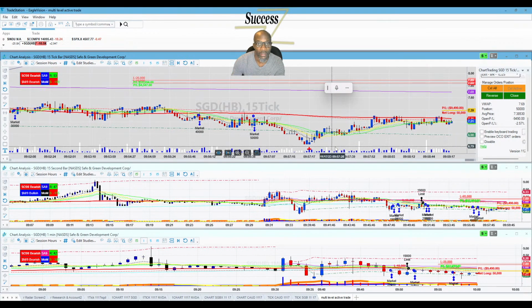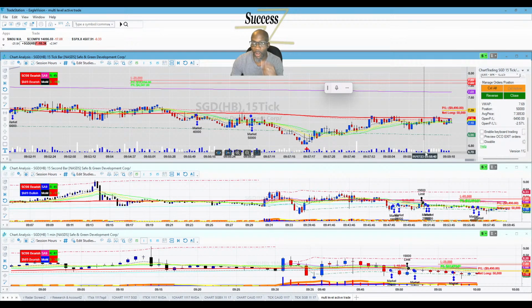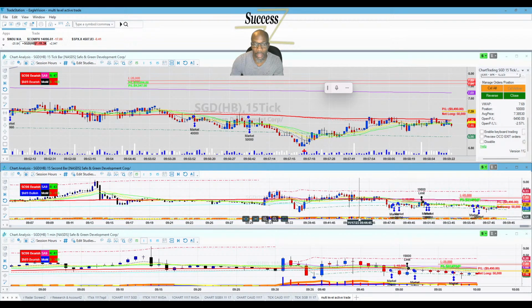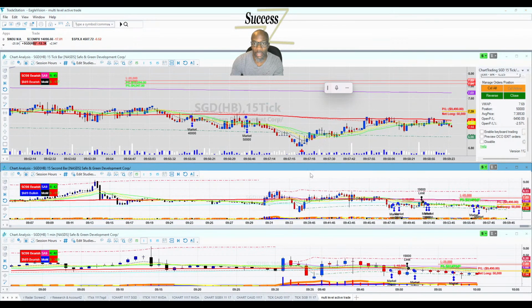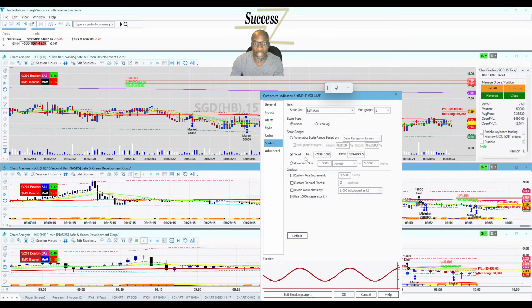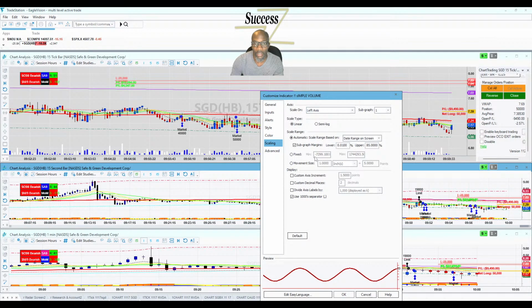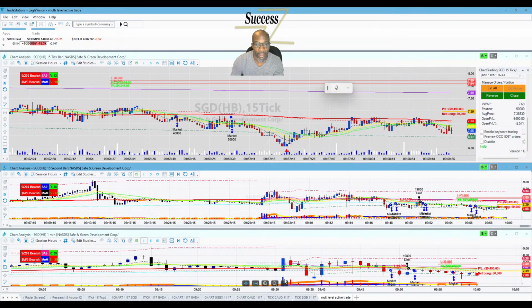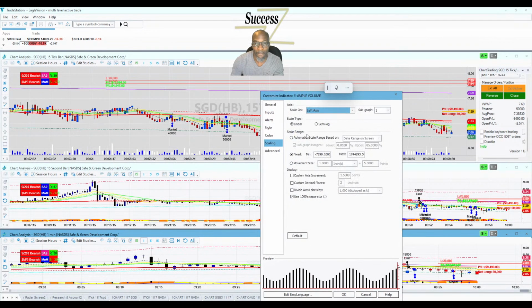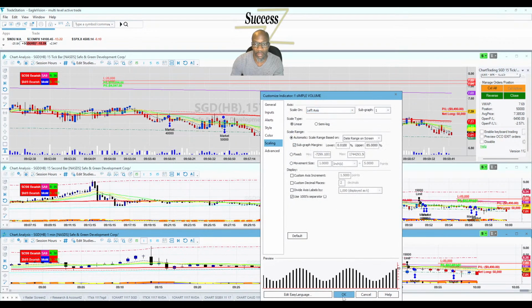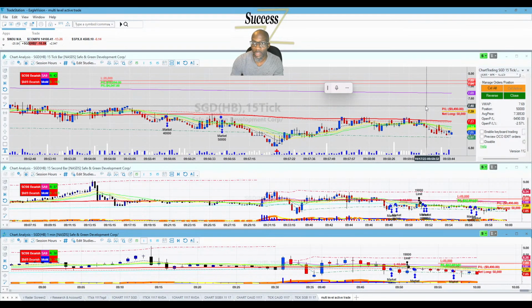Okay. I don't really want it that gray. This is regular volume, so that's fine, but this volume needs to be at a different scale. Automatic, okay, and this is not fixed on subgraph, and submargins. Okay.